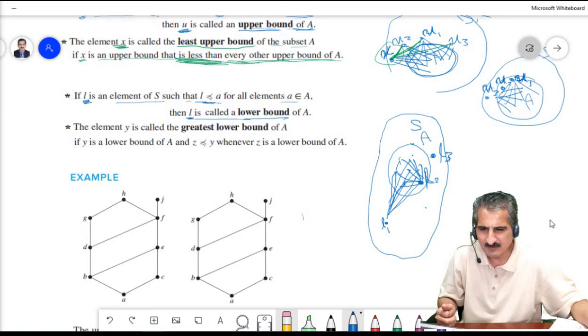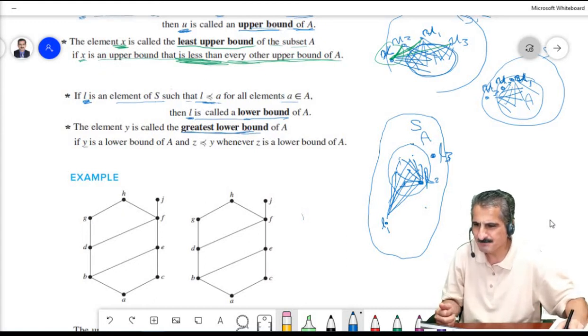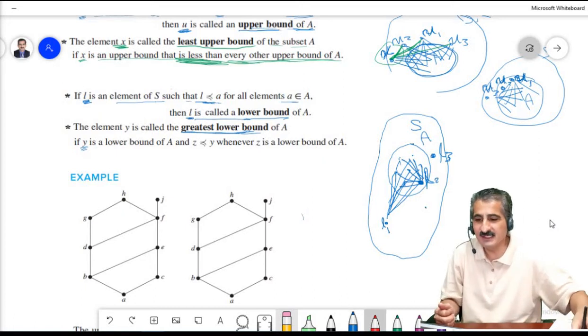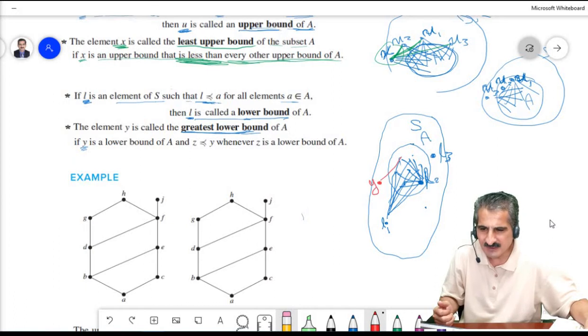Now, we will go here and see what is the greatest lower bound. The greatest lower bound, we call it Y, if it is a lower bound. So I will demonstrate Y here. It is a lower bound of A, so it is smaller than any other element in A, but it is greater than any other lower bound.